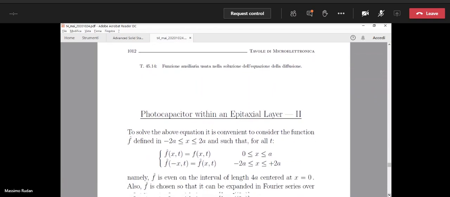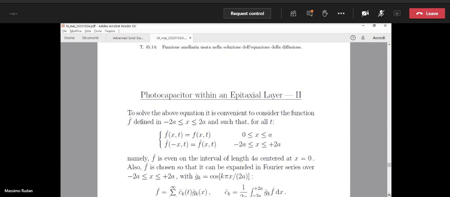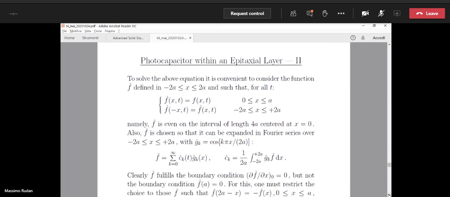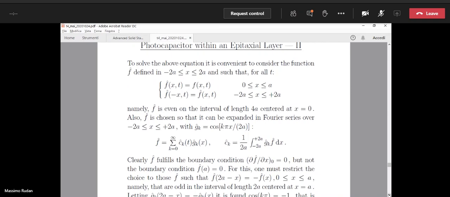This equation can be solved by series, so we make a trick. The trick is as follows.